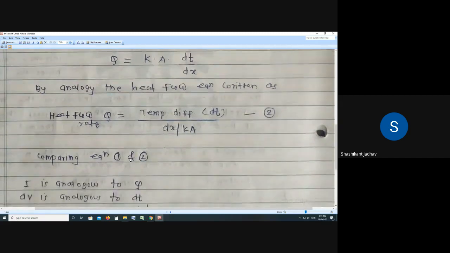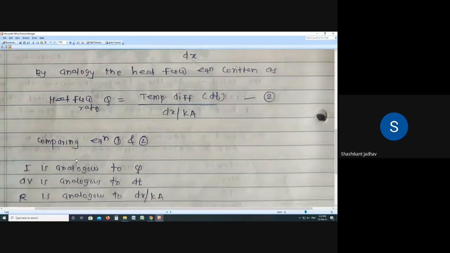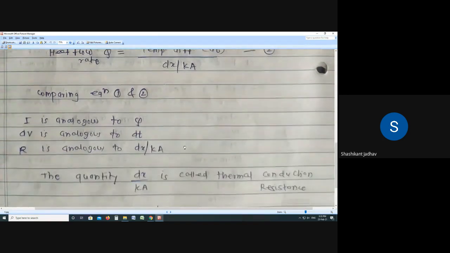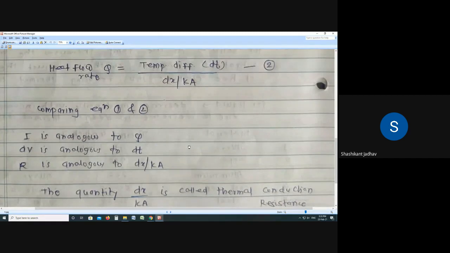So comparing the equation 1 and 2, write down next line. Comparing equation 1 and 2, I is analogous to Q. I means what? Current is analogous to Q means rate of heat transfer.